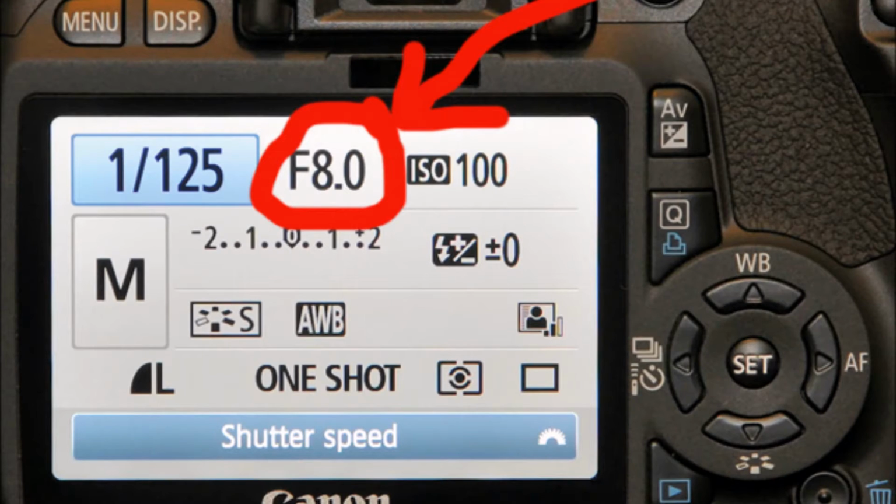The first thing I want to talk about is your f-stop. I'm going to show you the picture just right over here, how it looks, and there are also going to be some little charts maybe.